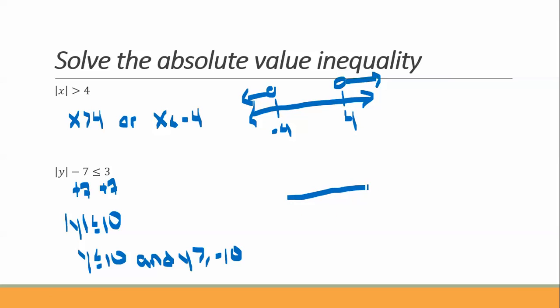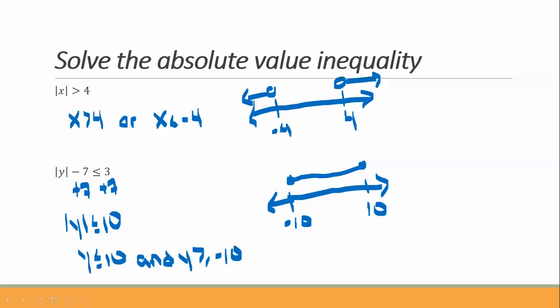For the absolute value of y is less than or equal to 10, we have -10 here, and we have +10 here, and it goes this way to here. It only goes here because if it's more than -10, the distance from 0 is going to be more than 10. So it's only these two. So it's an and statement.